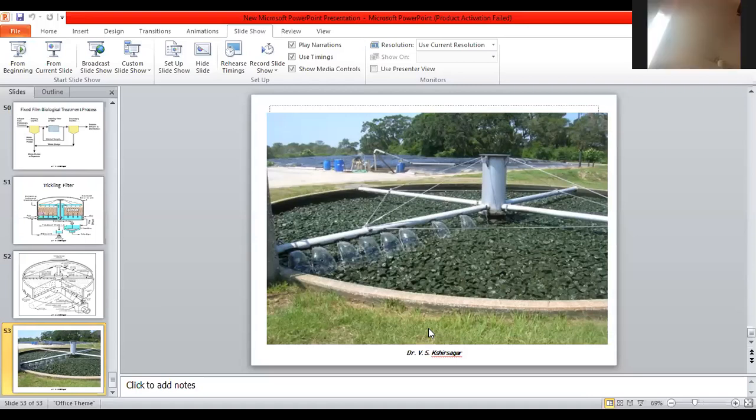In this system, sewage is allowed to sprinkle or trickle over a bed.